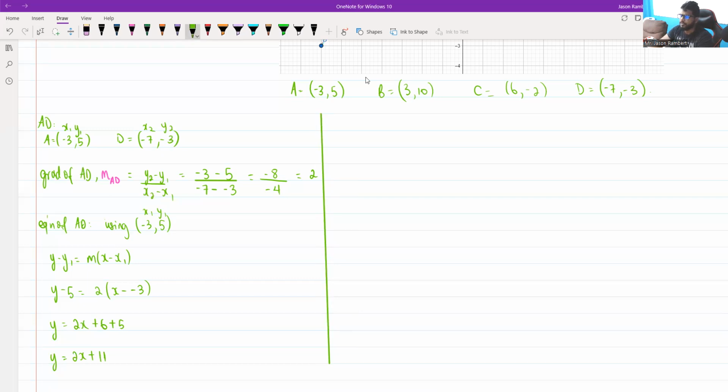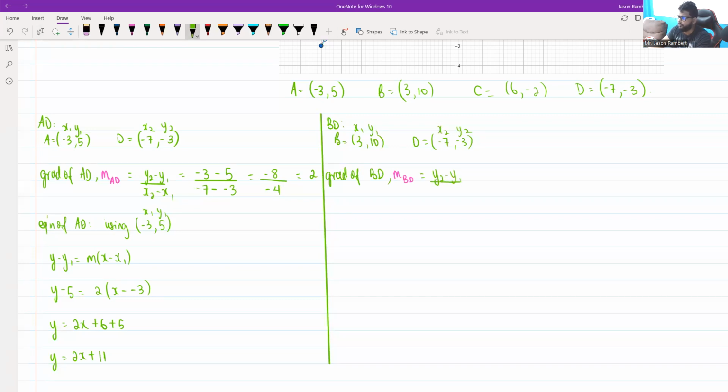Next, what did you all give me next? BD. Let's do B, where B is 3, 10, and D is minus 7, minus 3. x1, y1, x2, y2. Again, the gradient of BD, symbolized as m subscript BD, is equal to, I'll write the formula again.